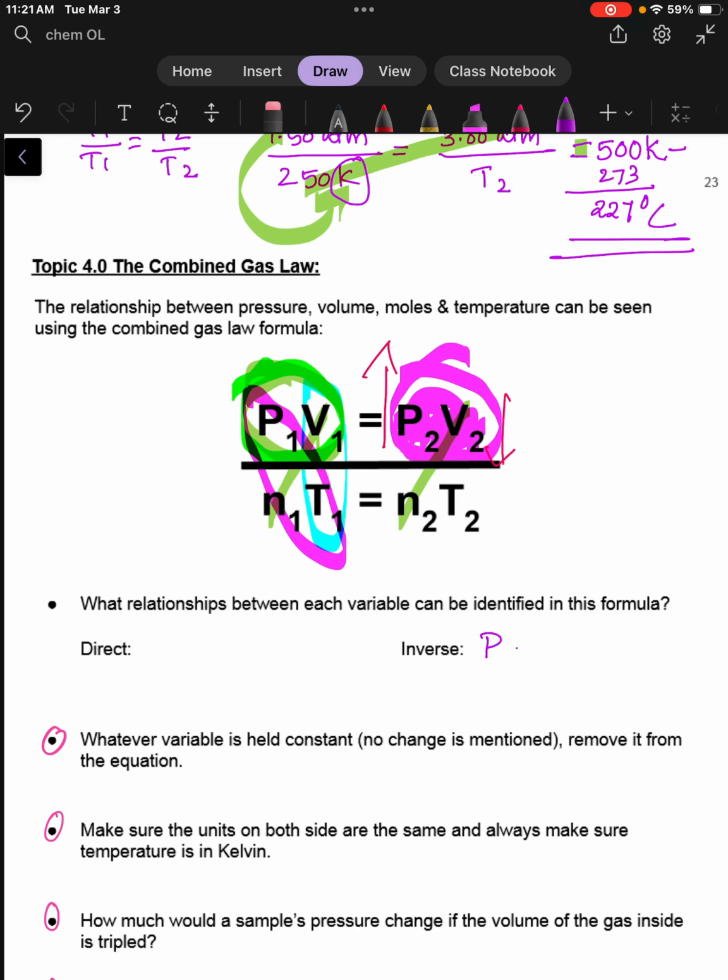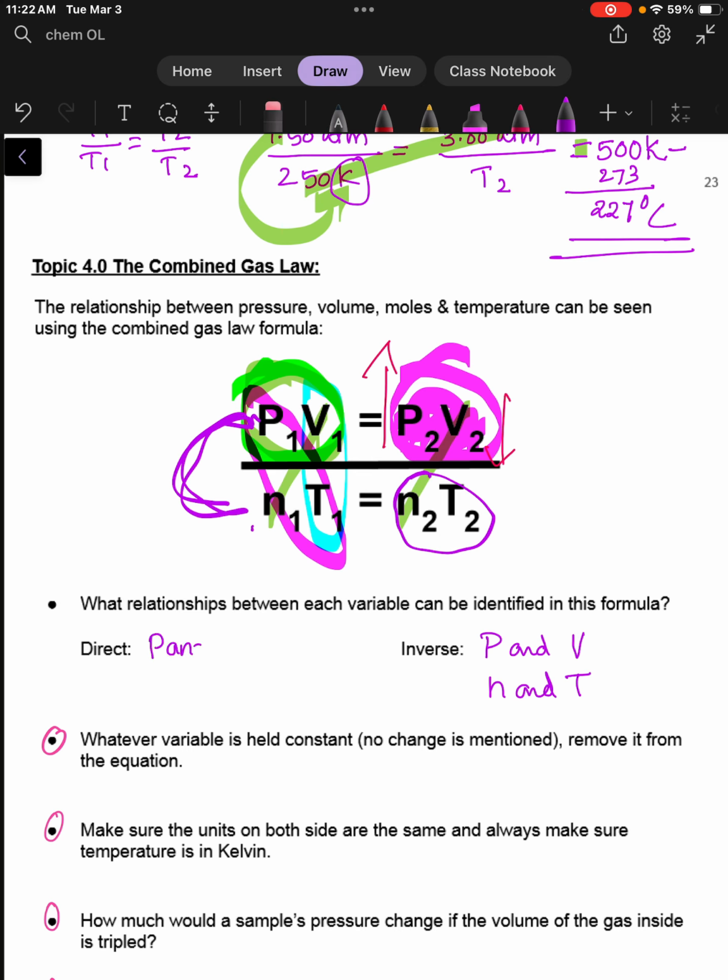That's basic math. That means pressure and volume are inversely proportional. That's Boyle's law. But there is one we never learned: N and T are also inversely proportional. Then if they are on opposite sides, they are directly related.